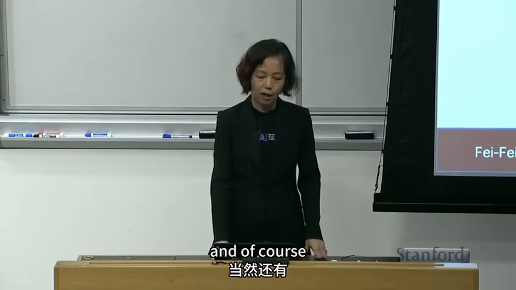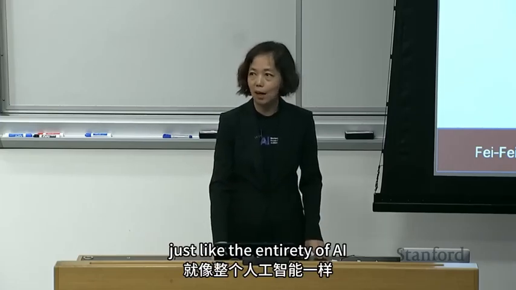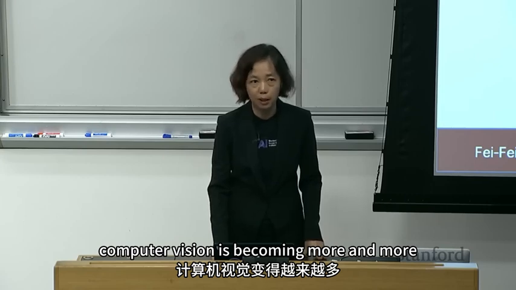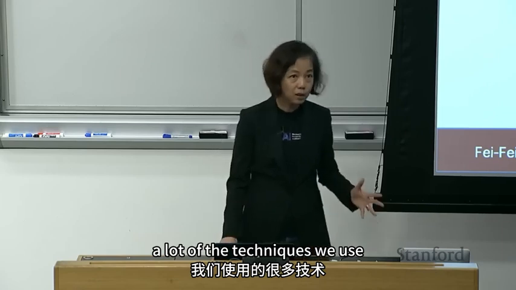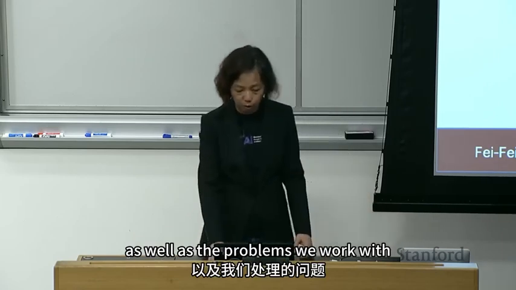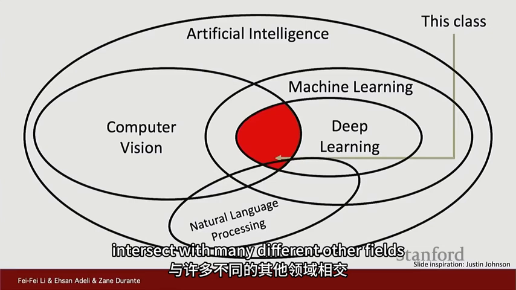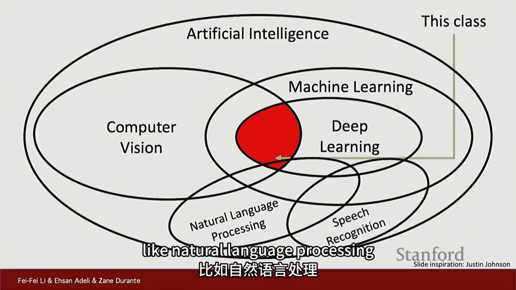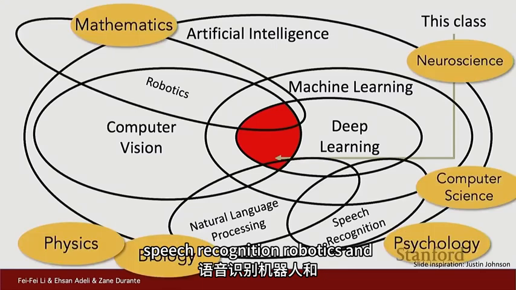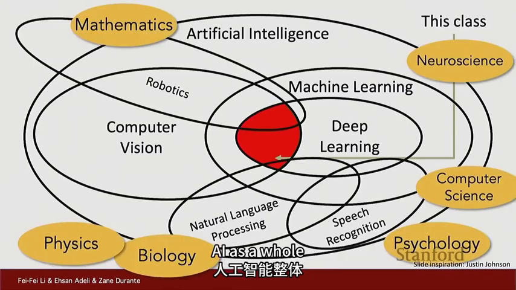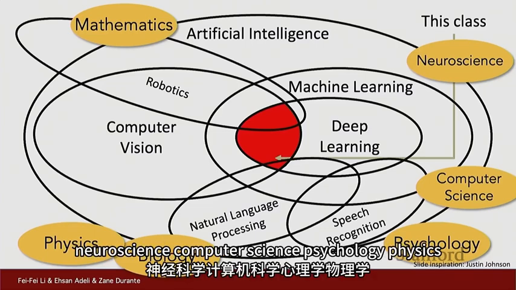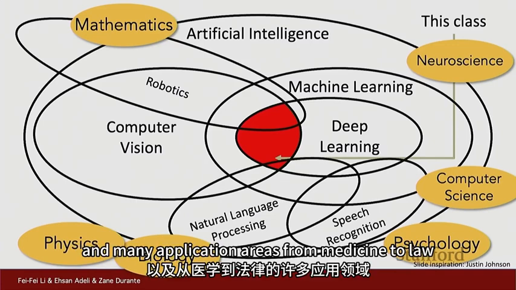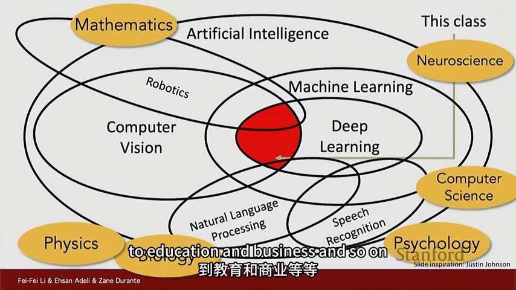And of course, just like the entirety of AI, computer vision is becoming more and more an interdisciplinary field. A lot of the techniques we use, as well as the problems we work with, intersect with many different other fields like natural language processing, speech recognition, robotics, and AI as a whole is a field that intersects with mathematics, neuroscience, computer science, psychology, physics, biology, and many application areas from medicine to law to education and business and so on.